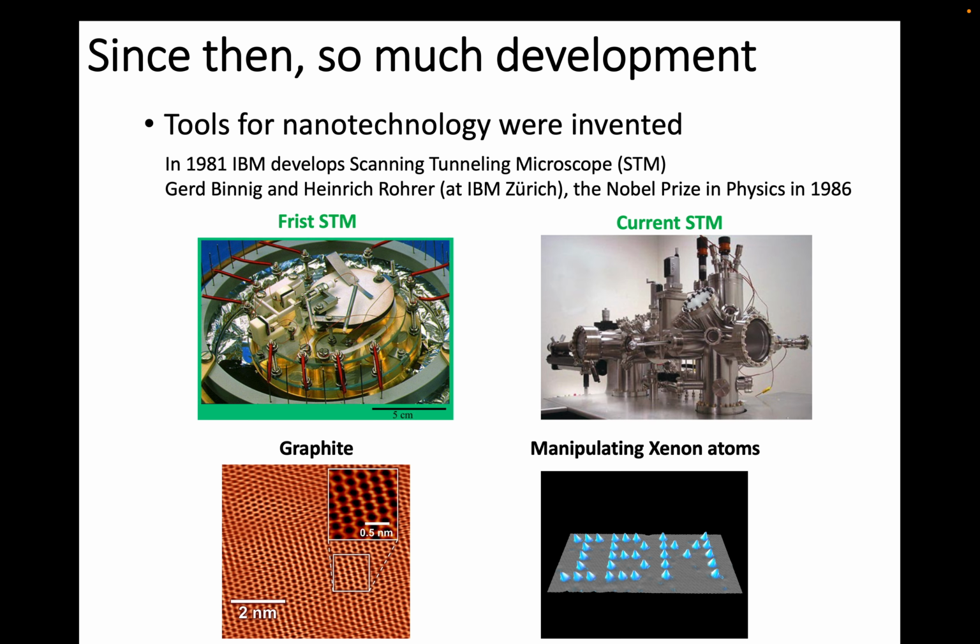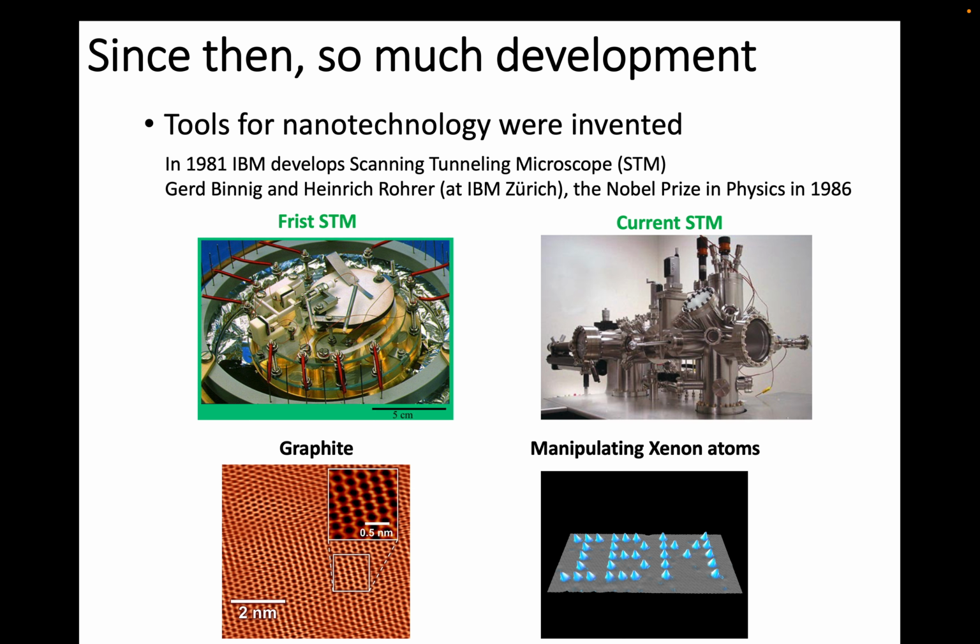With this STM, scanning tunneling microscope, they scanned graphite, and you can see a hexagonal arrangement of the carbon. This was really eye-opening because they enabled imaging of atomic arrangement for the first time. This is only about 2 nanometers, and this is 0.5 nanometer, and each yellow dot represents a carbon atom.